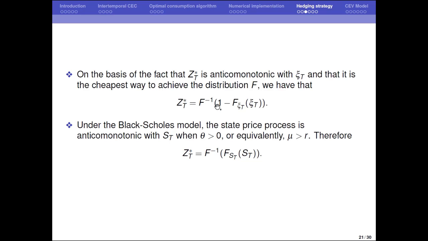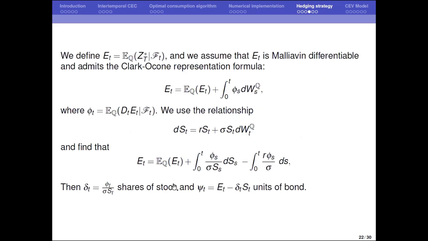And so this expression has the same distribution as Z star. That's the way Z star has a distribution that is anti-monotonic with the stock price process. And since I found that S, that is the stock, is already anti-monotonic, I only have to take this into account to compute Z star.